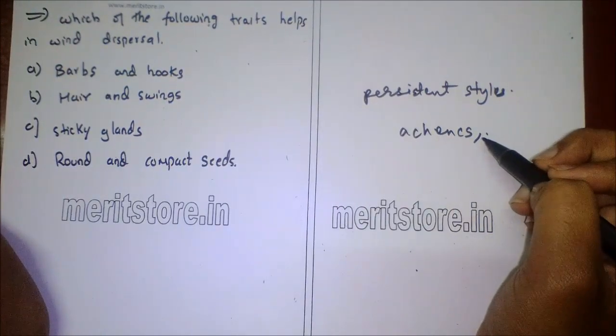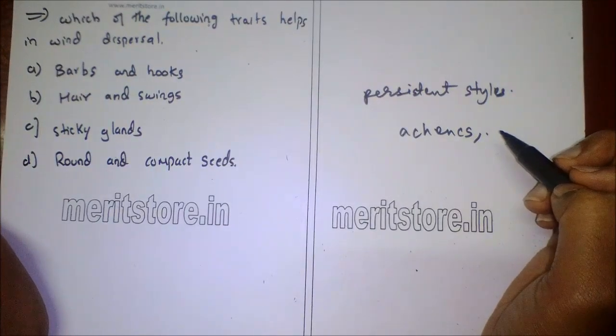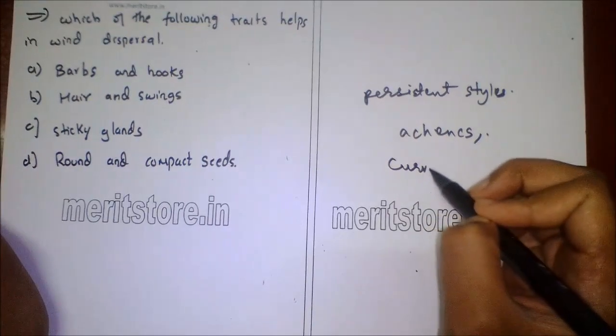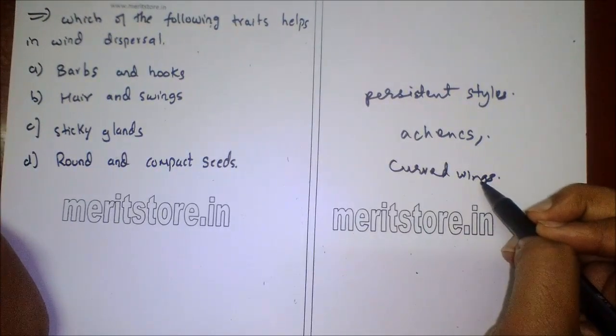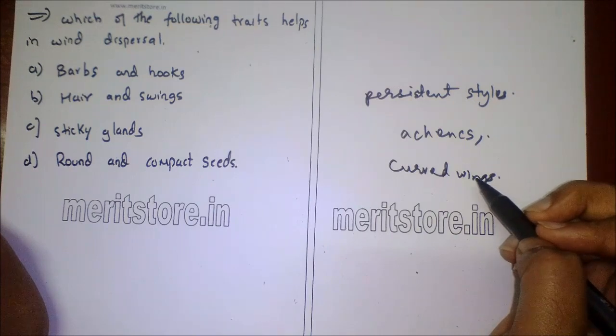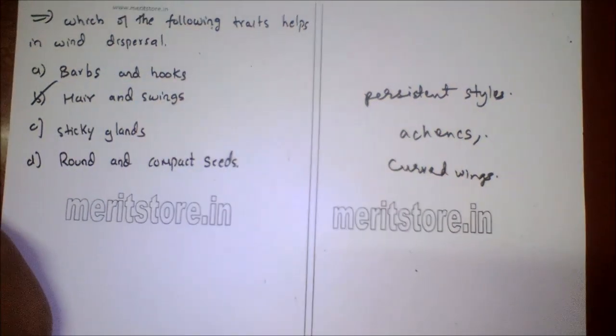For example, it is seen in Clematis and Anemone, which help them to float in air. A maple fruit has curved wings that cause the fruit to spin as it floats through the air, where the pericarp is modified to wings. So option B is the correct answer.